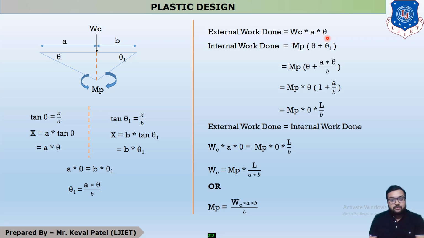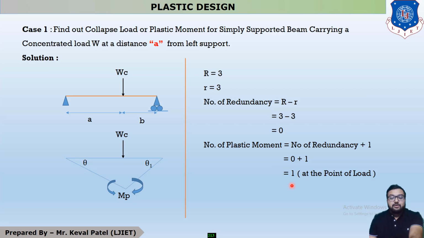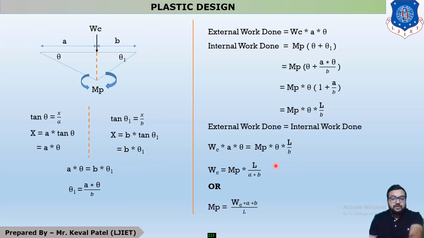Now you have to find out internal work done. Because the number of plastic moments is equal to 1, your internal work done is acting at only one point, and this point is at the point of load.